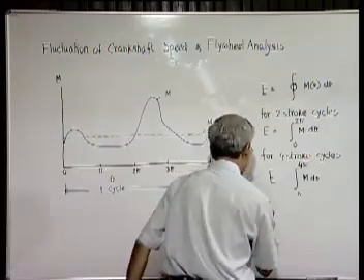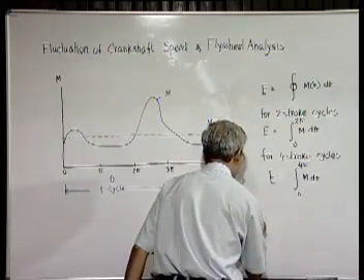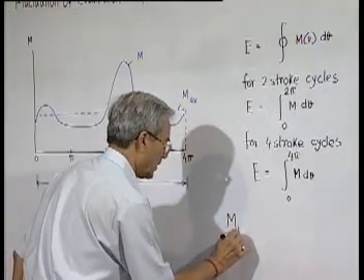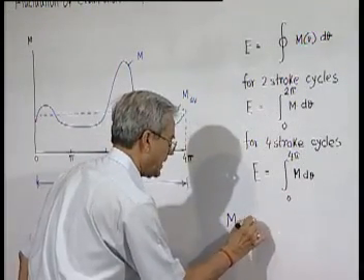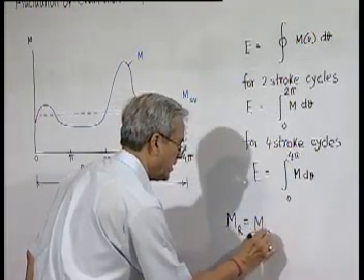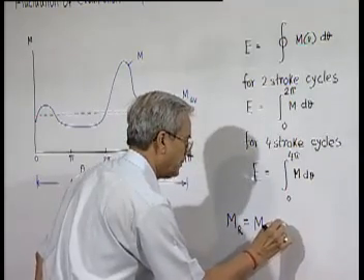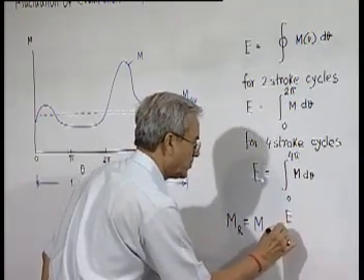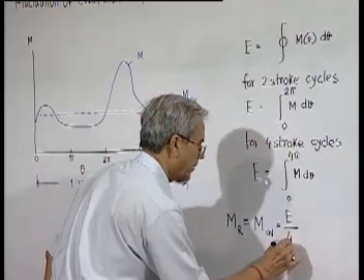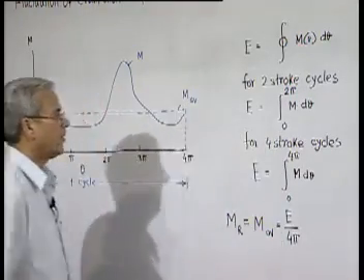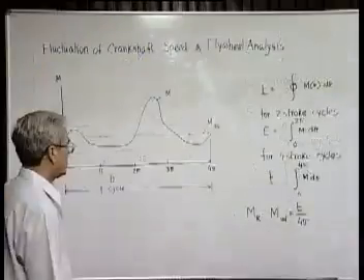So the load m is the same as m average, which is nothing but the energy produced per cycle divided by 4 pi in case of 4-stroke cycles, as shown here.